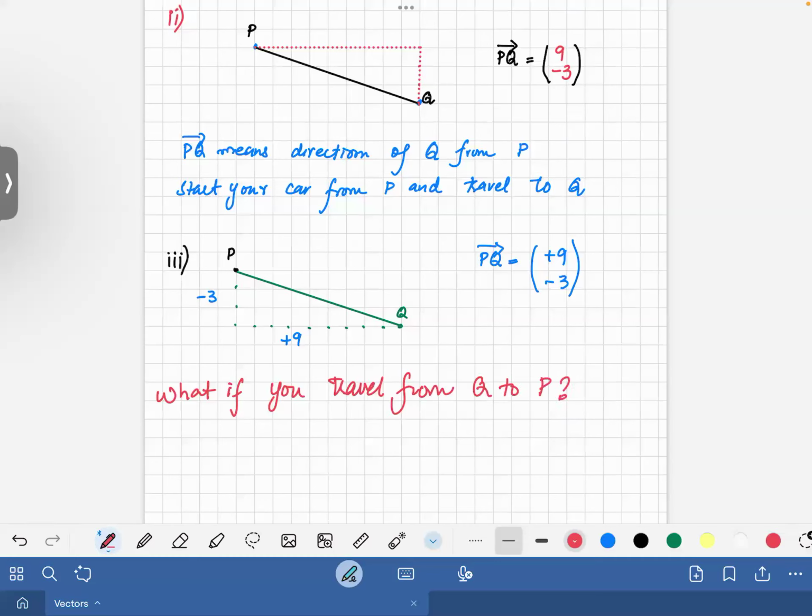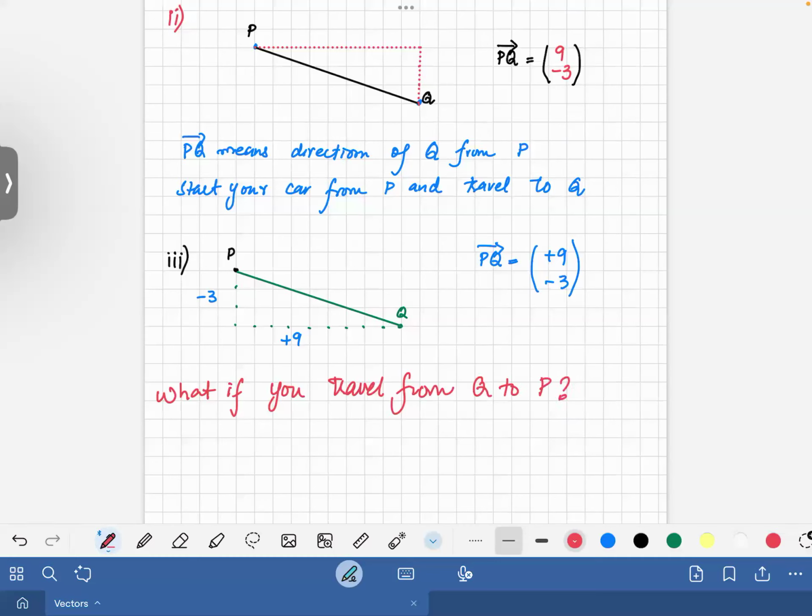Now let's discuss what the magnitude of a vector is. The magnitude of a vector is represented by two straight lines, and it is also called the modulus.